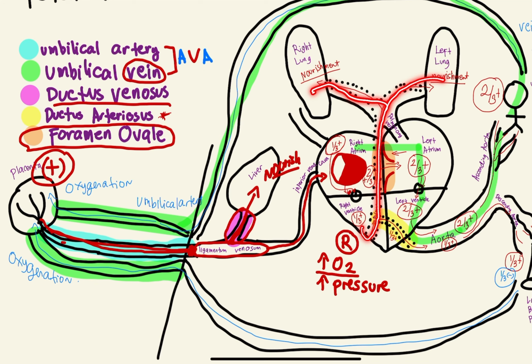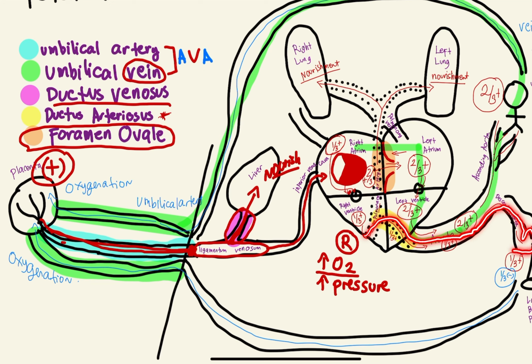And then what will happen next is that majority of the blood found in the lungs will now go to the aorta. Saan po sila dadaan? They will pass the Ductus Arteriosus. Ito po yun. Okay? Dito po. And then the 1/3 oxygenated blood will go to the descending aorta, passing the different arteries.